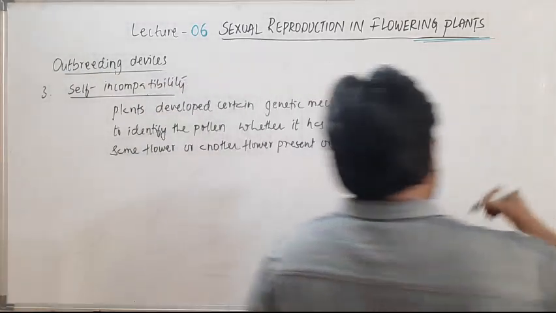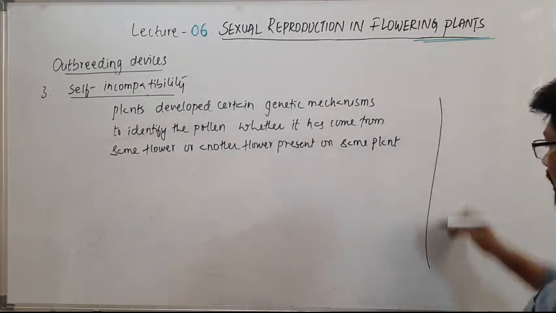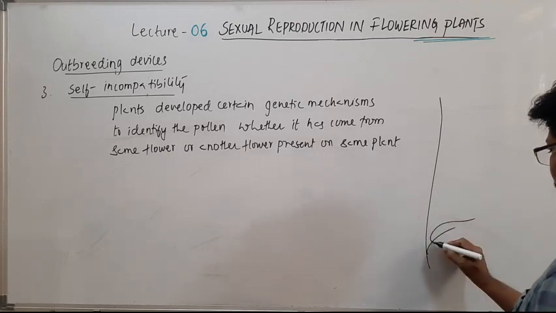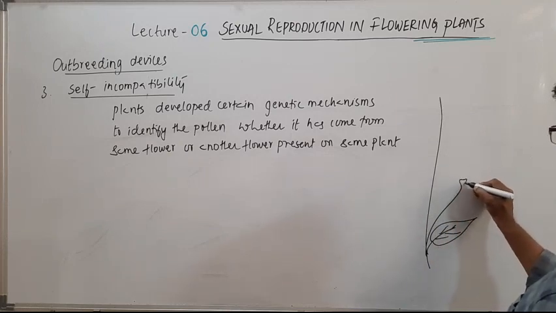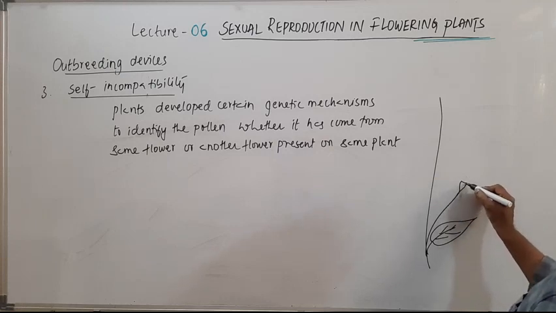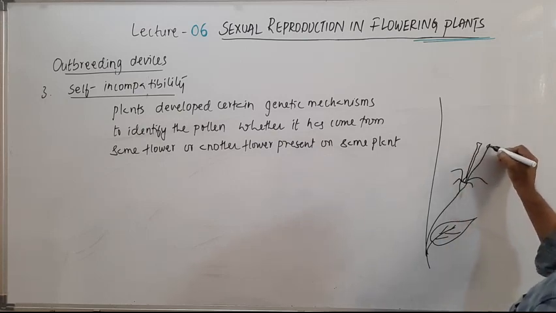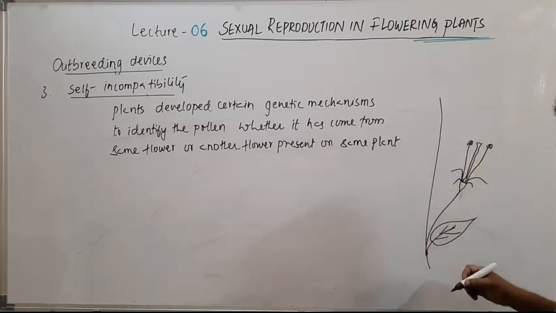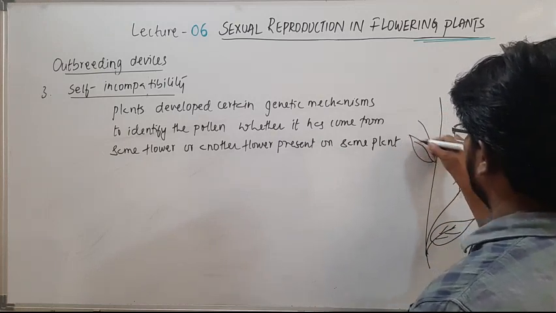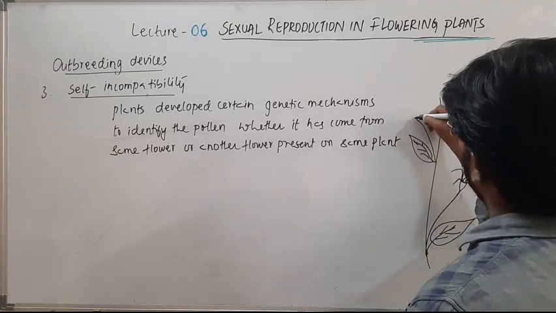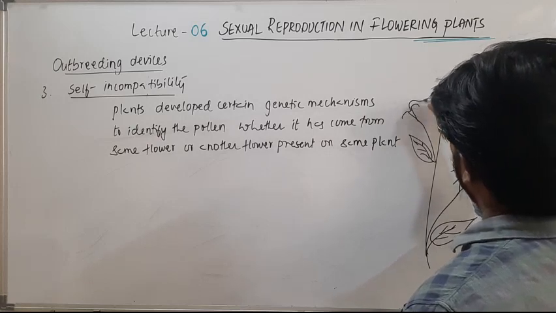Let's see here how this takes place. Here we have a plant. You can see this is the pistil, and here the anthers, and here is another flower.